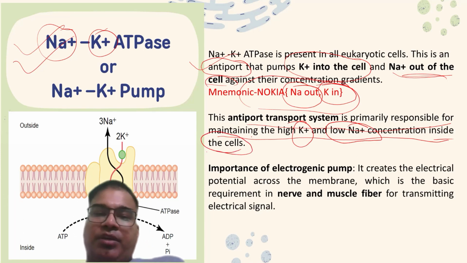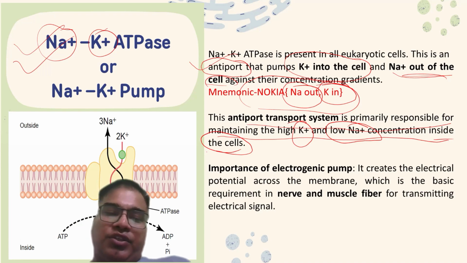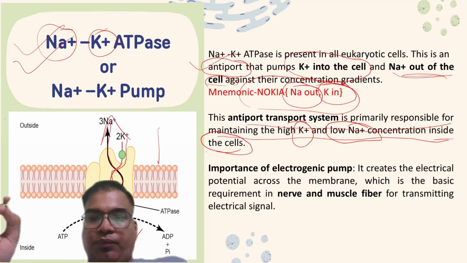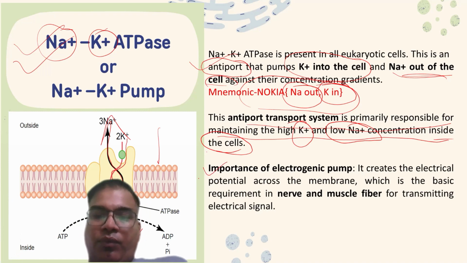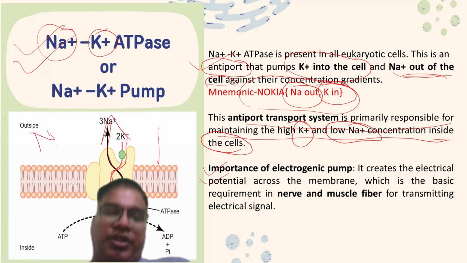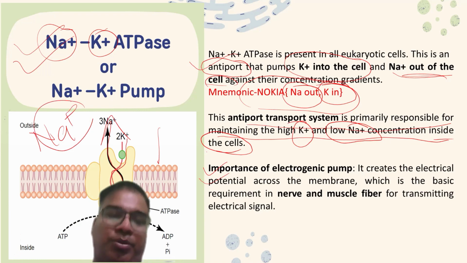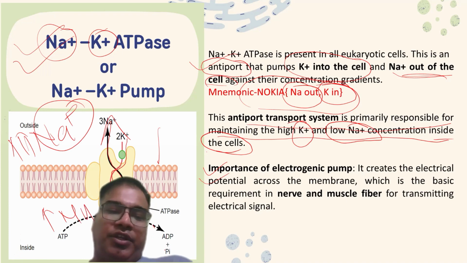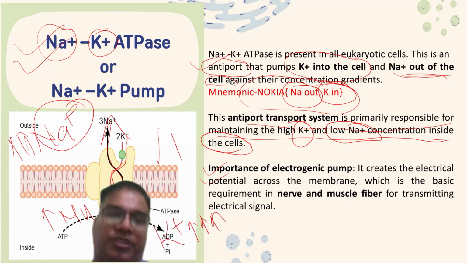Basically, 3 sodium ions move outside the membrane, and 2 potassium ions move inside the cell. So there will be an increased concentration of sodium outside the cell, and increased potassium concentration inside the cell.